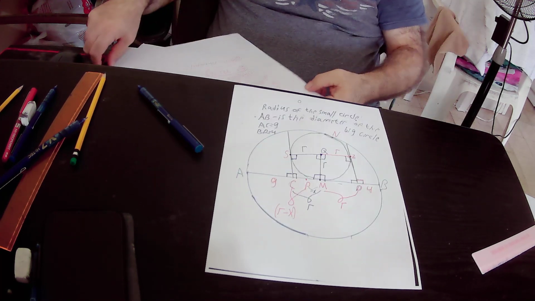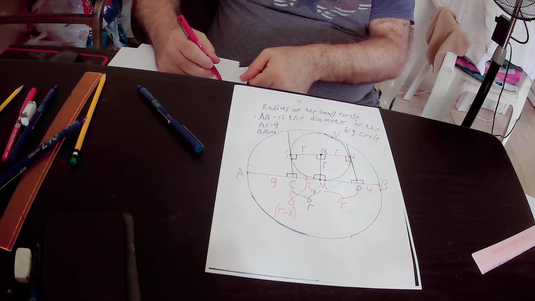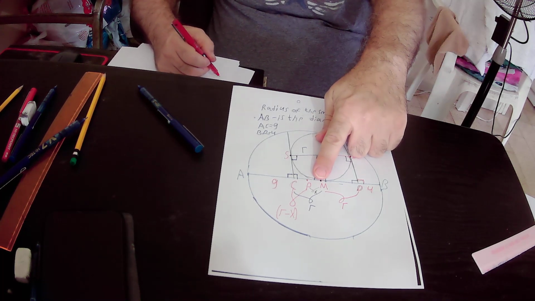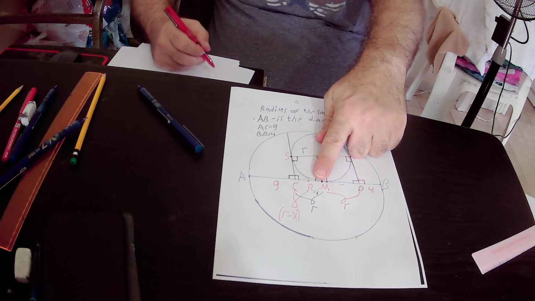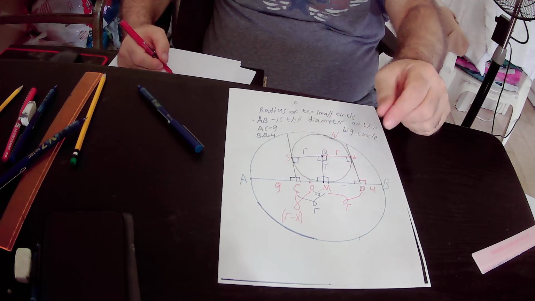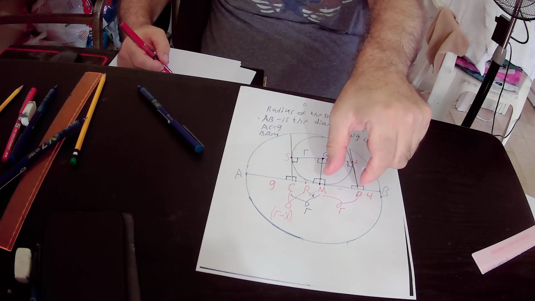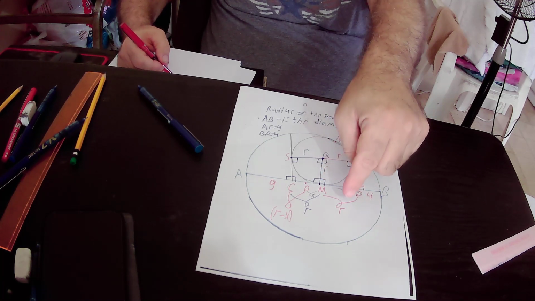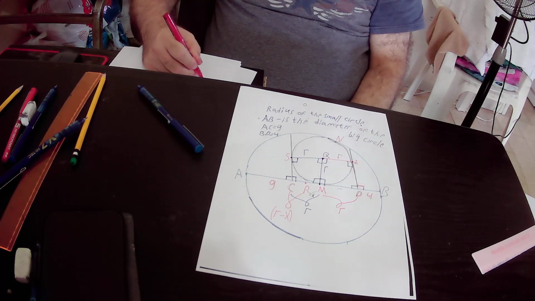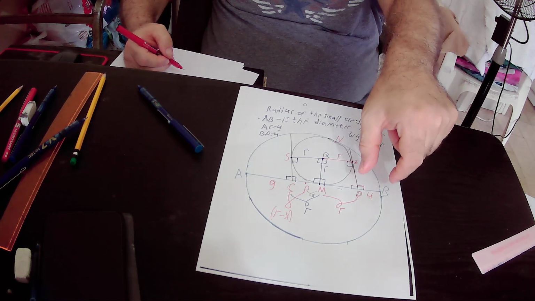But what is the value of PM? PM equals x according to our definition, and what is the value of MD? MD equals small r, that is the radius of the small circle, plus DB. What is the value of DB?